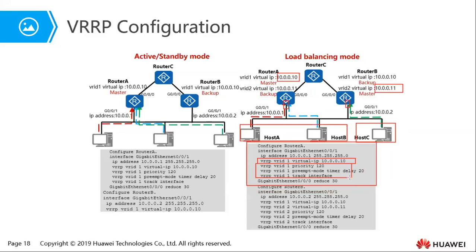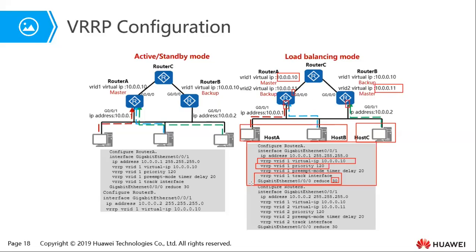We set priority to a value higher than 100 so that it can be the master. We can also set the preemption delay, and we can also track the uplink, so that if it goes down, we reduce the priority by 30. That is what we've done there.